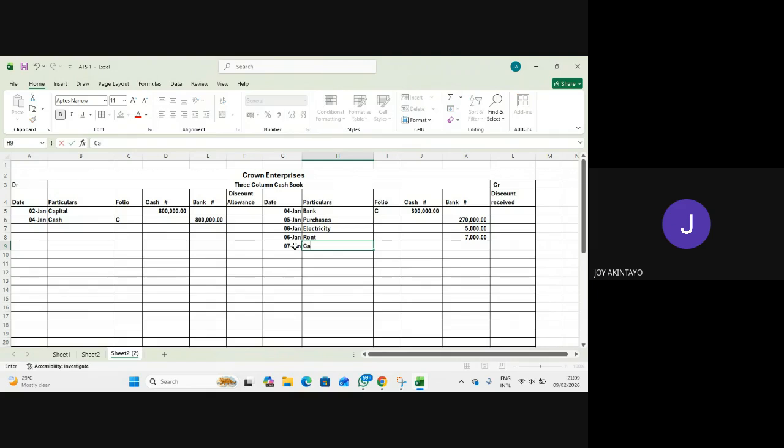We say cash under the bank. How much? 12,000 naira. Then we'll come here. Don't forget your contra. It is very, very important. Are we together?